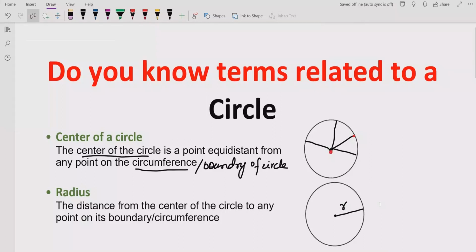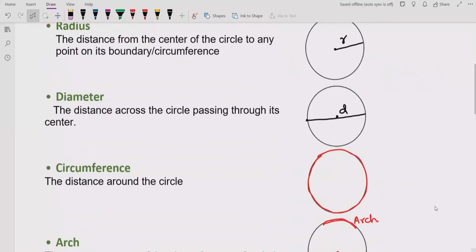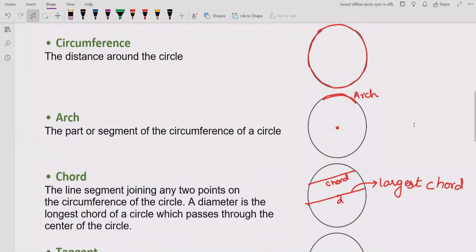Radius is the distance from the center of a circle to any point on its boundary. If the distance across the circle passes through the center, it's called the diameter. Circumference is basically the distance around the circle. An arc is a part or segment of the circumference of a circle.